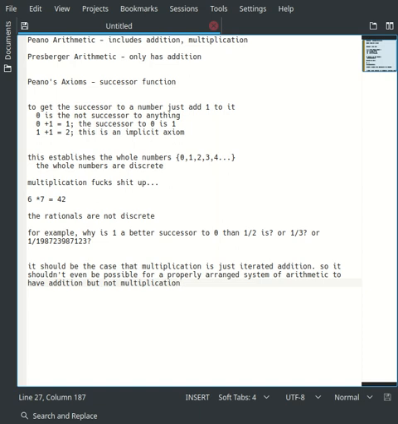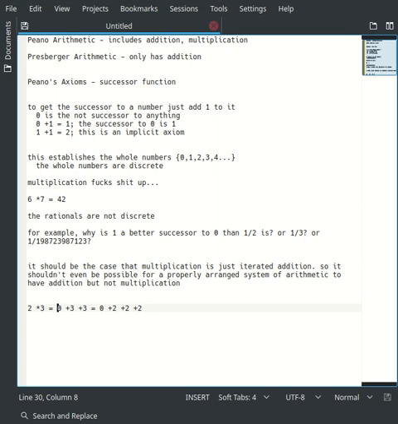Because multiplication is iterated addition, right? 2 times 3 equals 0 plus 3 plus 3, or 0 plus 2 plus 2 plus 2. However you want to read that. It's either 2 3s or 3 2s. I don't care which way you prefer to read that one. It doesn't matter to me. But notice that's iterated addition, right?